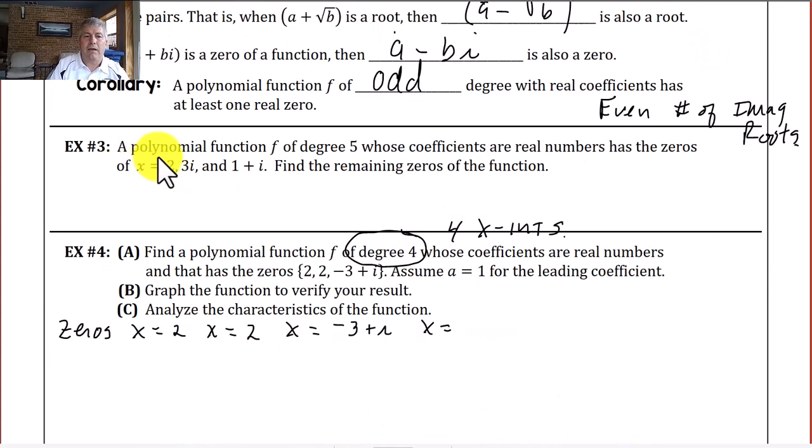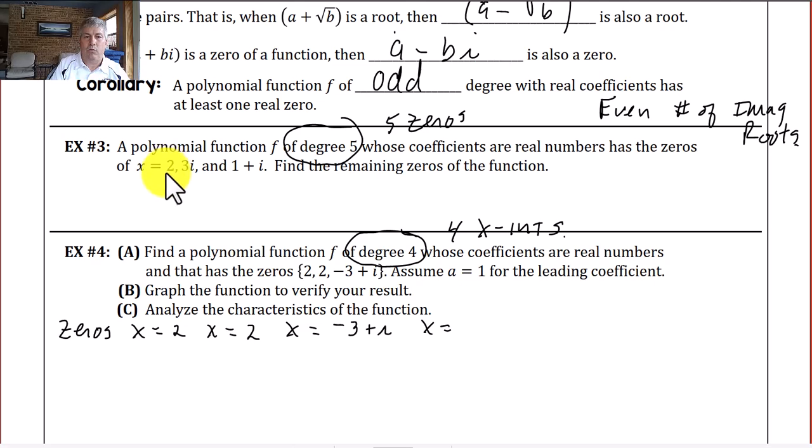Example 3 says we want to find a polynomial function of degree 5 whose coefficients are real numbers and has the zeros of x equals 2, 3i, and 1 plus i. So they've given us 3 zeros. Find the remaining zeros of the function. Well, if this thing is degree 5, we must have 5 zeros.